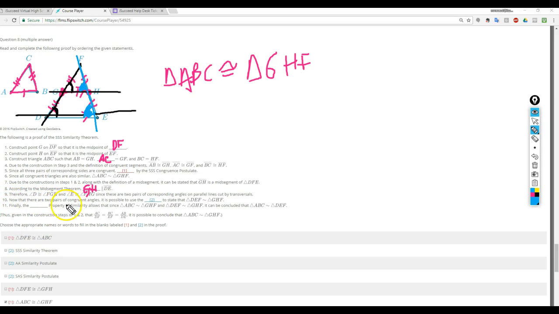Now that there are two pairs of congruent angles, it is possible to use the blank to state that triangle DEF is similar to triangle GHF.